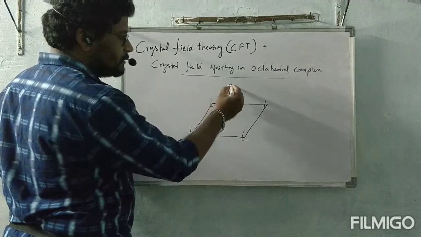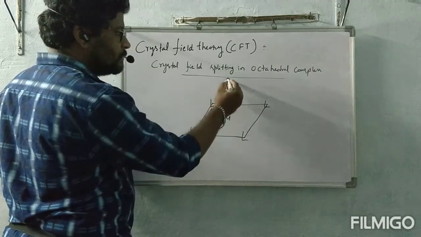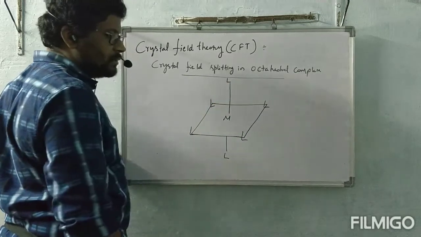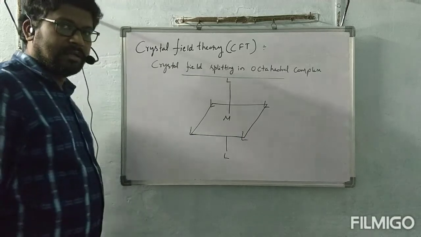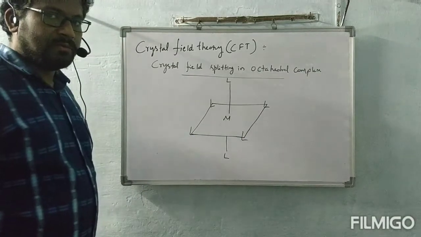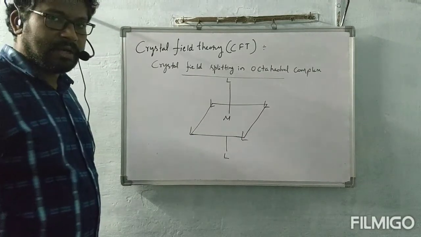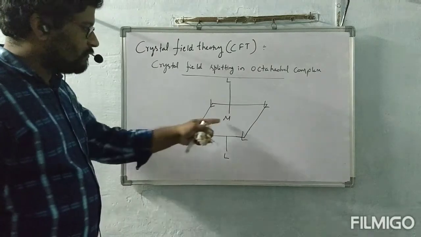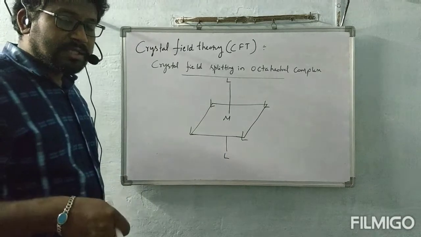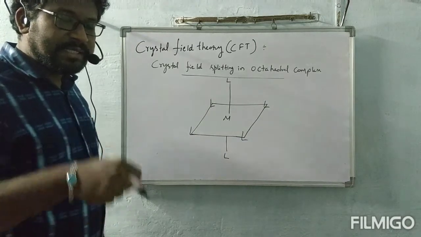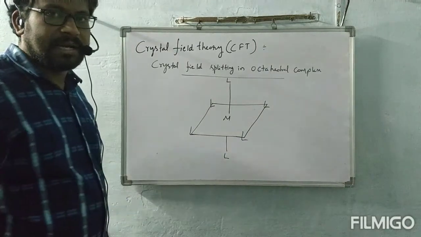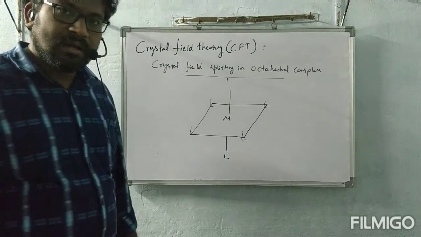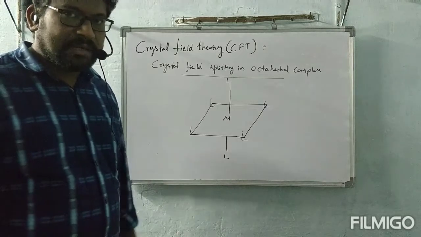From above the plane, we have one more ligand, and from below the plane, we have one more ligand. To form this type of structure for the metal atom, ligands will find an easy way to approach towards the central metal atom.